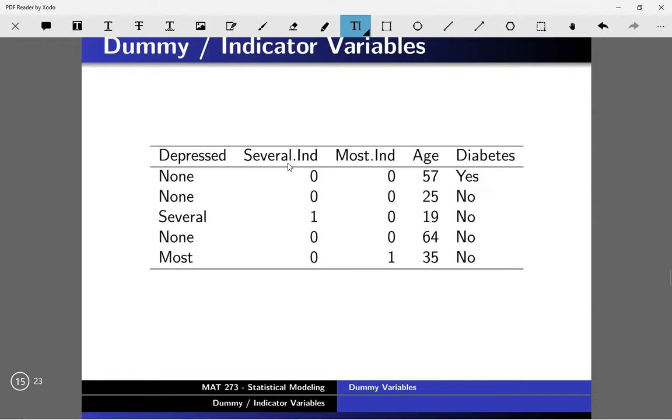So this is again how R fits these classification models underneath the hood. It creates these indicator columns to represent this categorical predictor. And then we're modeling again this diabetes status. So if we had the indicator column in here for the diabetes column, it would be 1 for yes, and then 0, 0, 0, 0 for the no's.